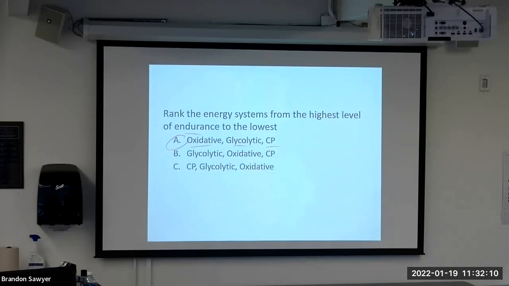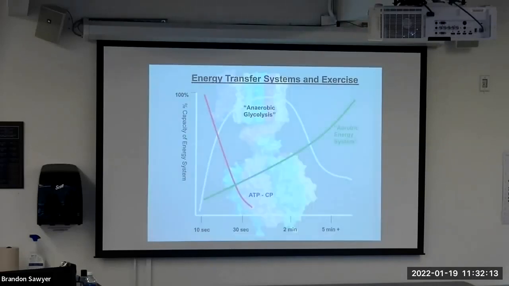Any questions about those two ideas? This graph shows that in a way, where we see the peak power output of the creatine phosphate system is very high. We get to that peak super quick, within 10 seconds, but then it starts petering out pretty quickly.